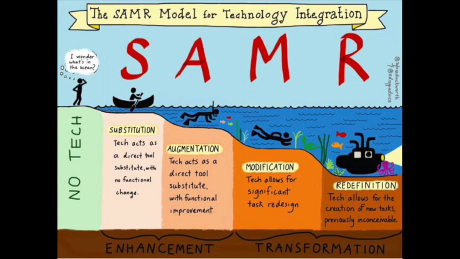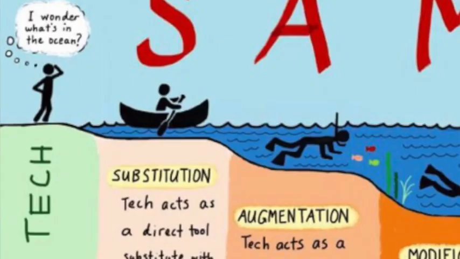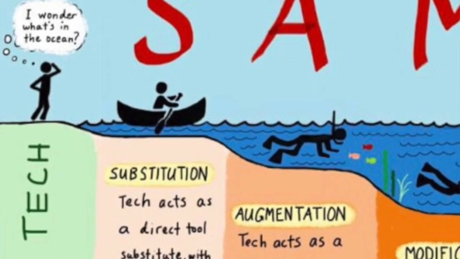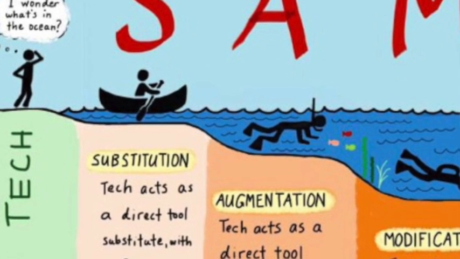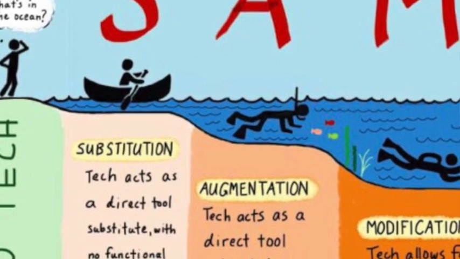If you've been with us over the last few weeks, you know that we were looking at the SAMR model for technology integration, and it talks about the different levels in which you can integrate technology, starting with substitution. Substitution is where the tech acts as a direct tool substitute with no functional change.